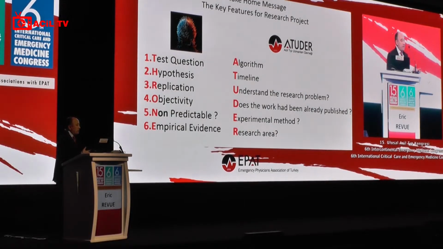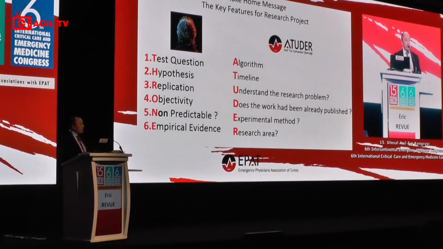So the take-home message is FIRMS and ACIL. FIRMS: test the question, put a hypothesis for that, replication, objectivity, is it predictable or not, and is there any empirical evidence.